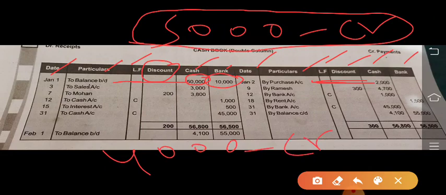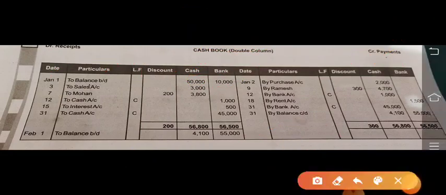Hence, neither cash is coming into the business nor bank is increasing, and hence this transaction will not be recorded in the cash book. We'll record only the transaction of 3,000 which is sold for cash. So here we have 'To sales' 3,000.